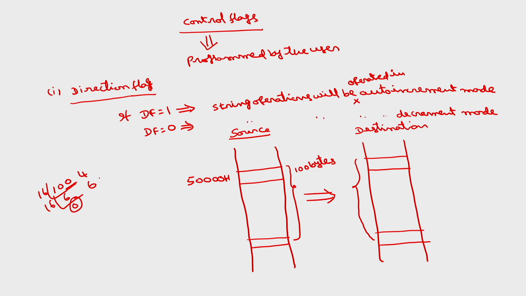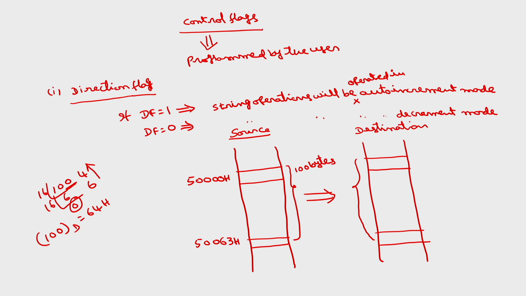So, you have to stop here. So, 100 decimal is equivalent to 64H, but you are starting from 0, so the ending will be 50063H.